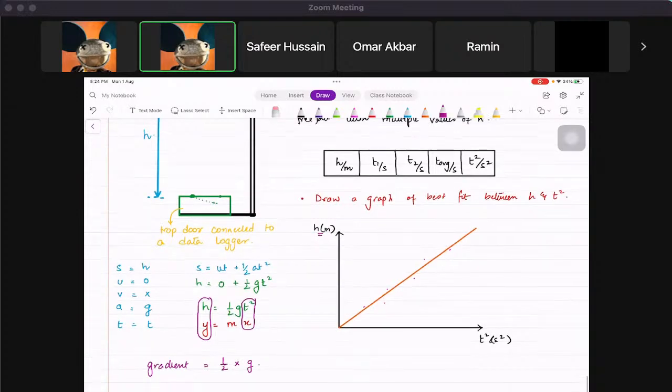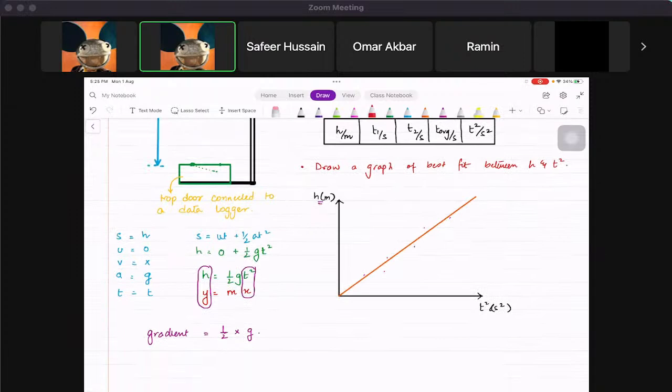Now, since we want to find g, we would say that g will then be equal to 2 times the gradient of this line. Is it clear, everybody? Yes.